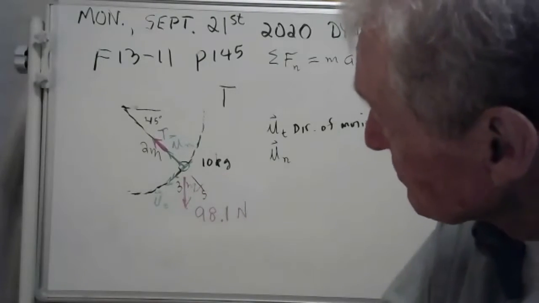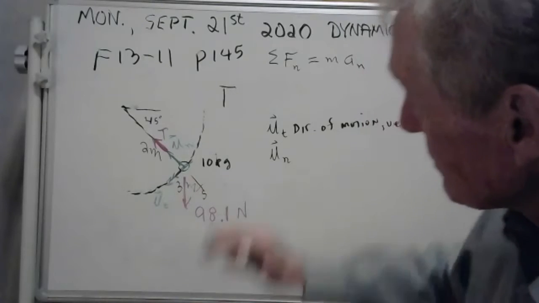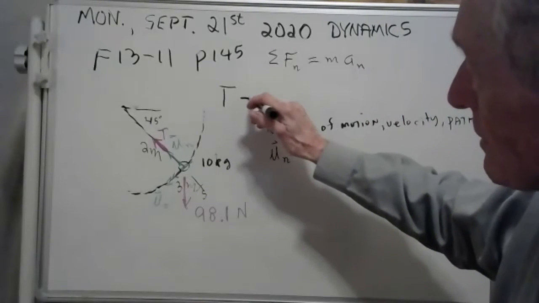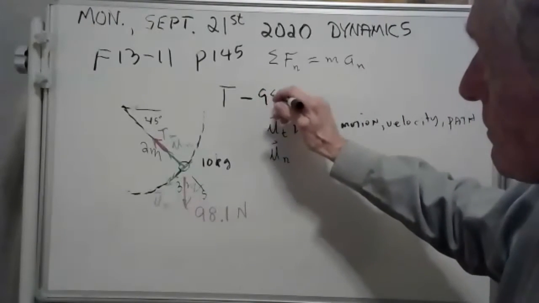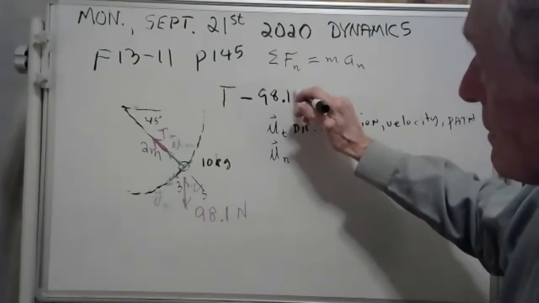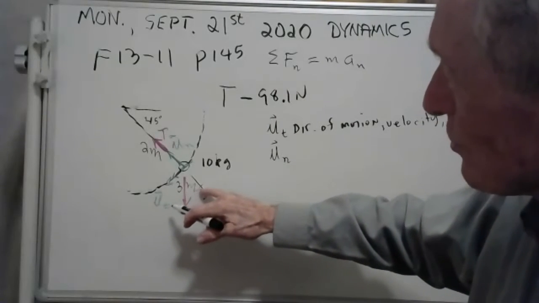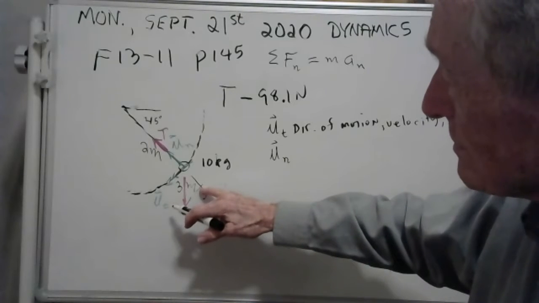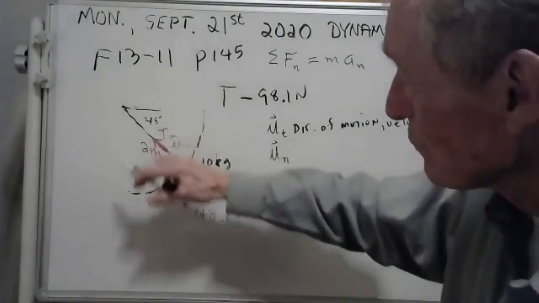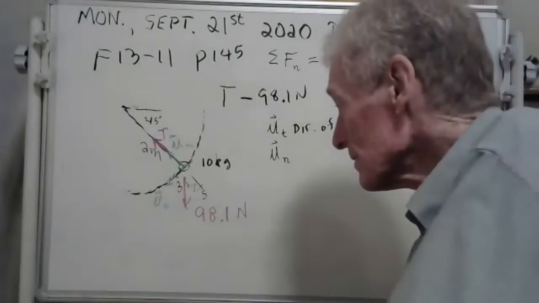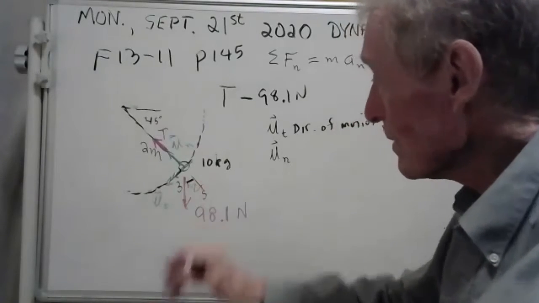And in the normal direction, it's going negative 98.1 newtons times, we need this angle. Well, that angle would be 45. You know what? I think so. That's 45 up there. Would this angle be 45?